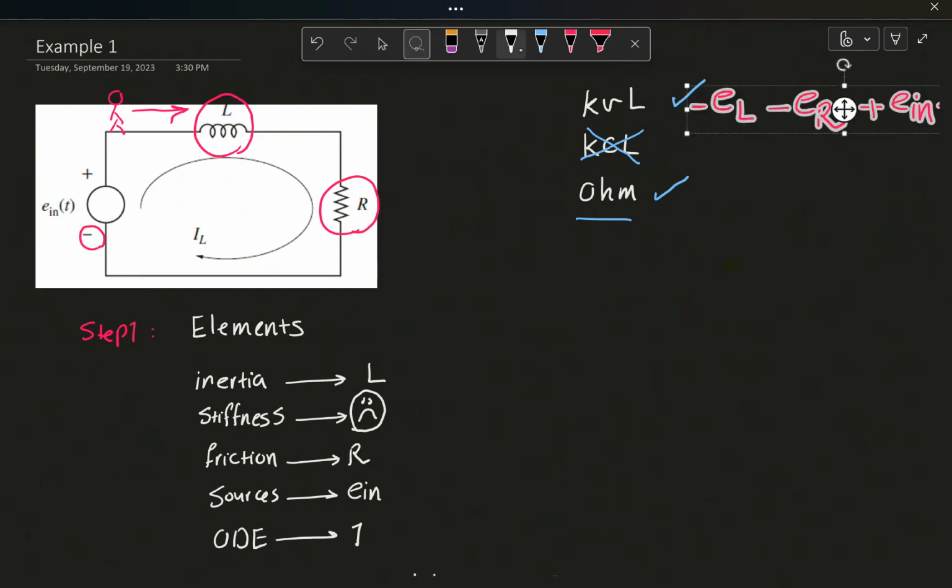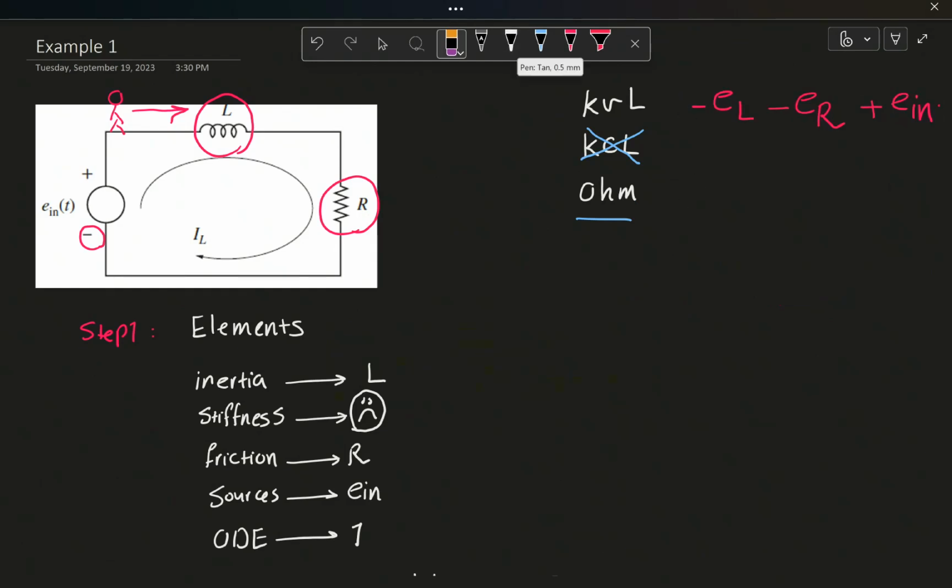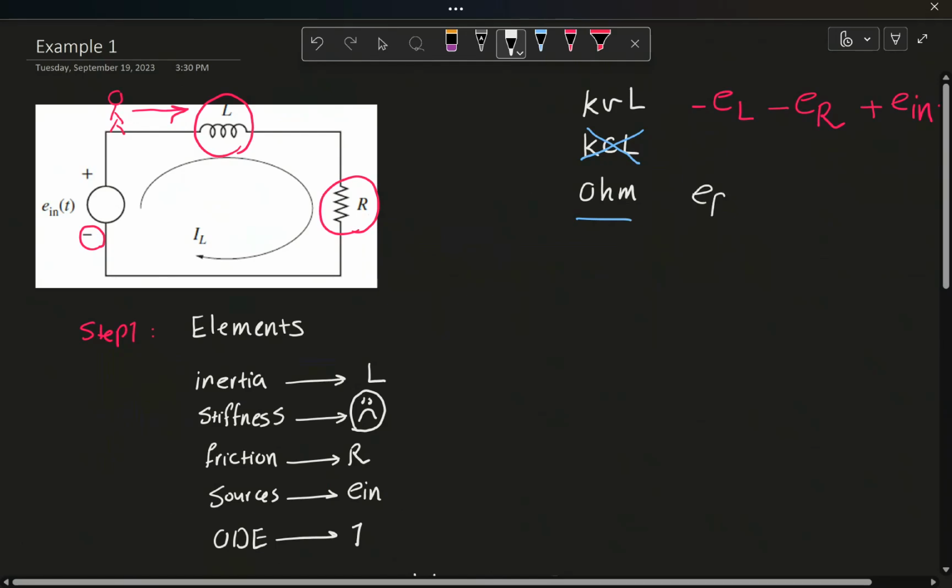You guys notice that we have ER, the voltage drop across the resistor, equals R times I, the I that passes through the resistor. You notice that since L and R are in series, they share the same current. So this is going to be IL. Okay? So they are my two tools.